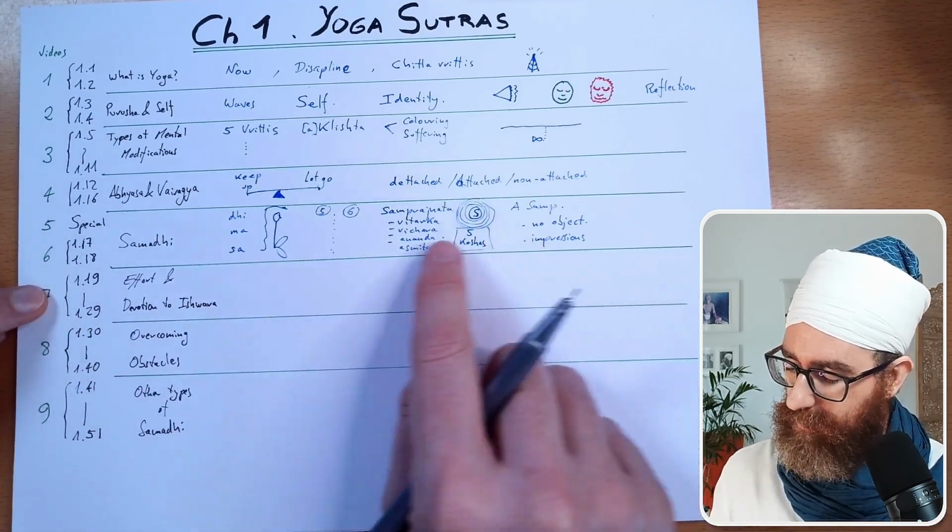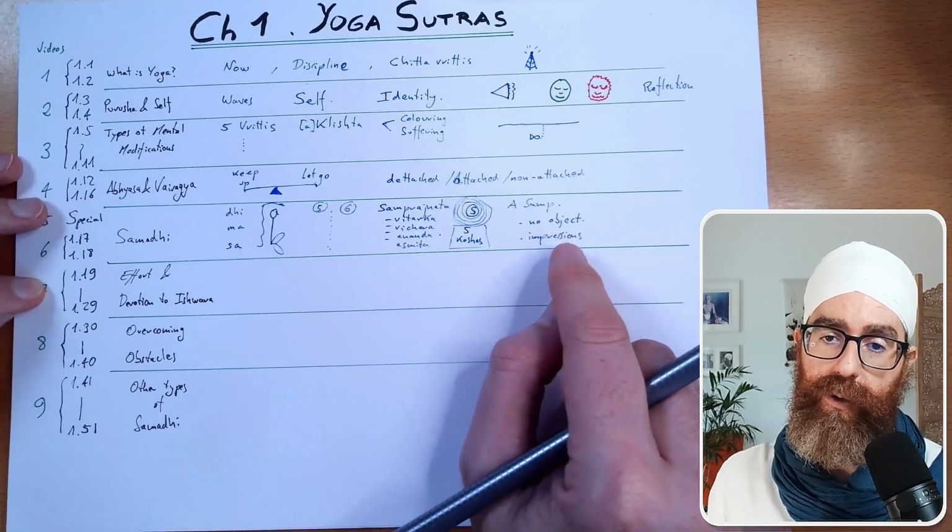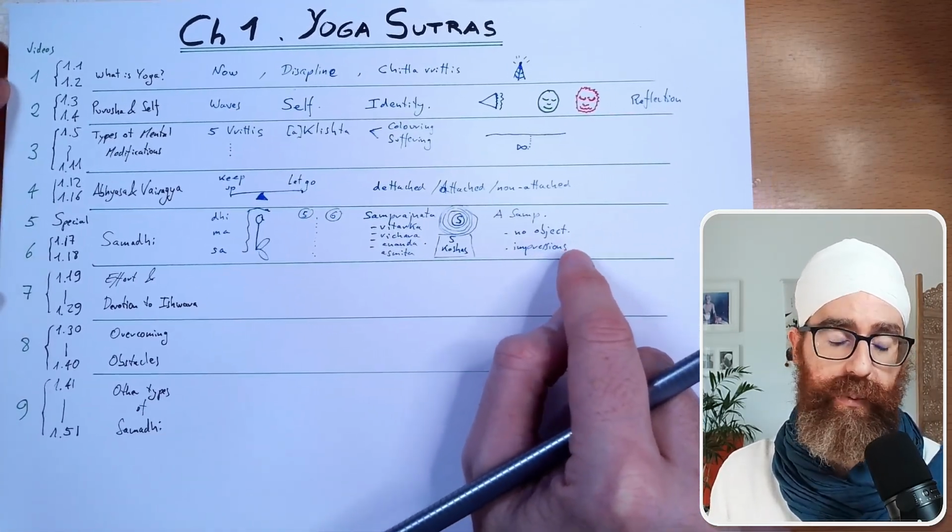So he's saying, look, if you've gone through all this effort and you got to asampragnata samadhi, so if you experience samadhi and there was no object, but there is still some impressions left, there is still some seeds of karma, you're going to have to come back to life, because the seeds of karma create the effect of having to come back to life.